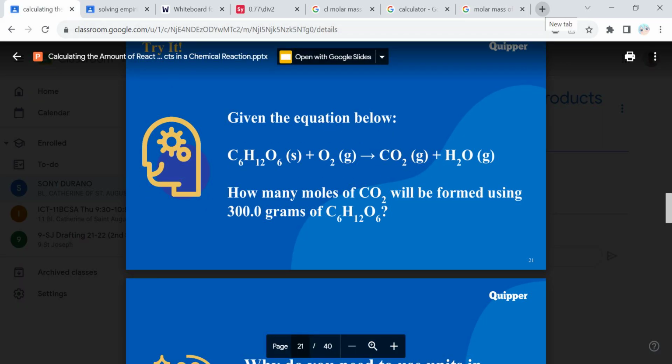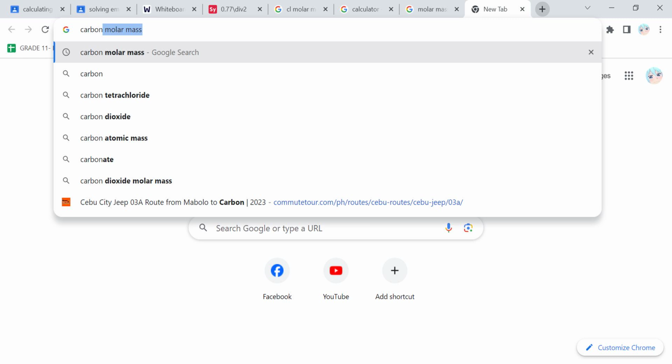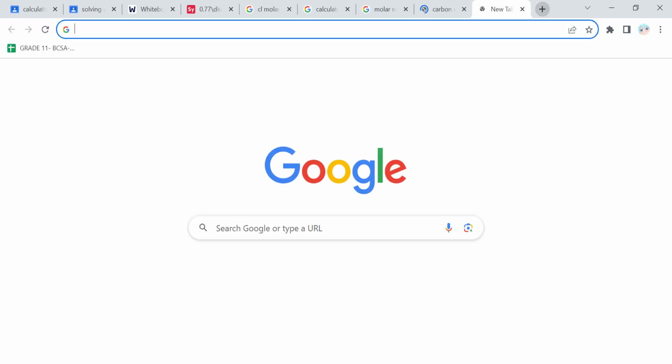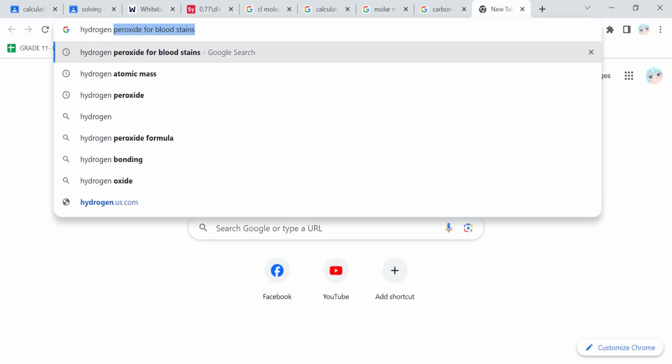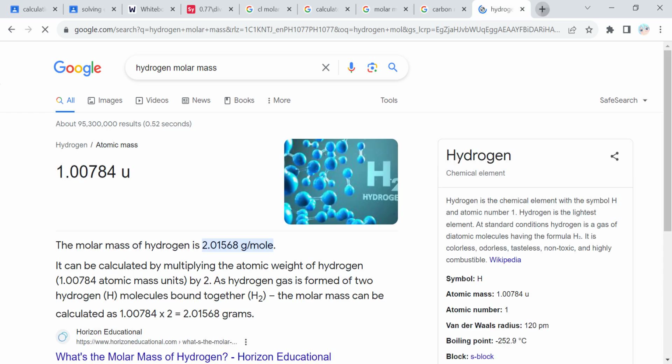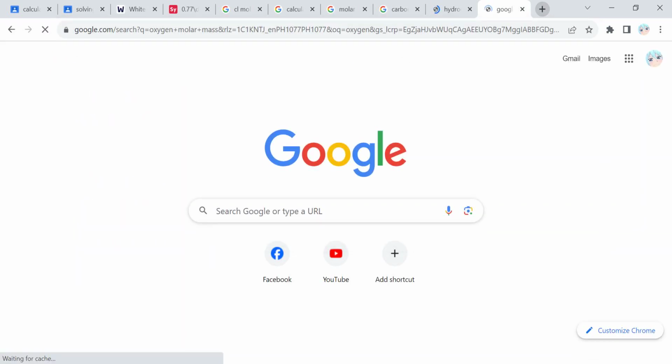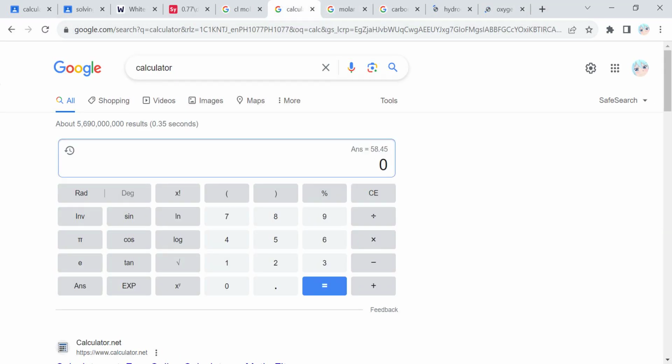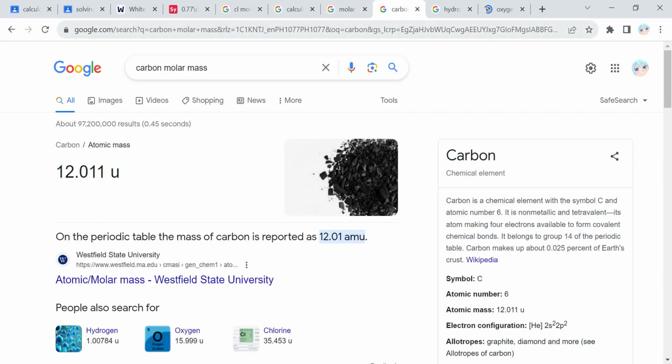You can also just search for the molar mass of carbon, hydrogen, and oxygen, and if you add them all together, okay.